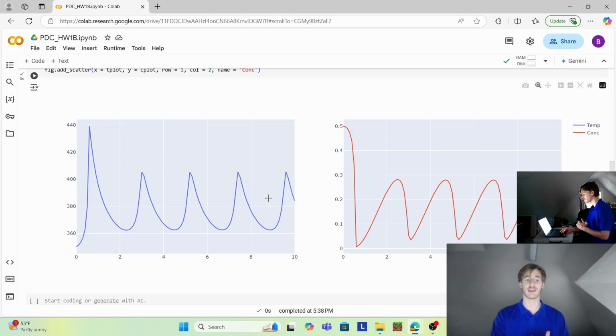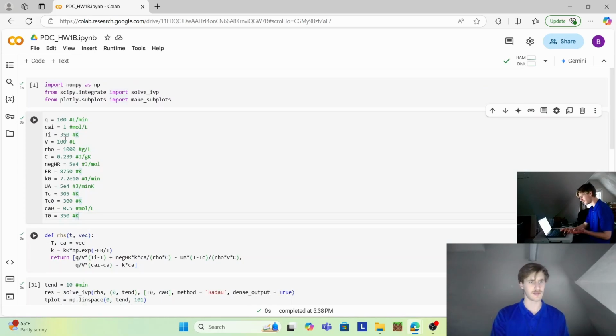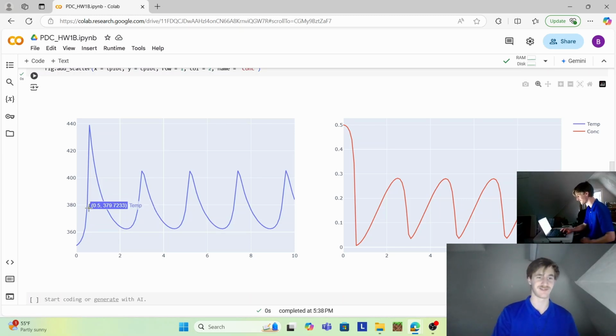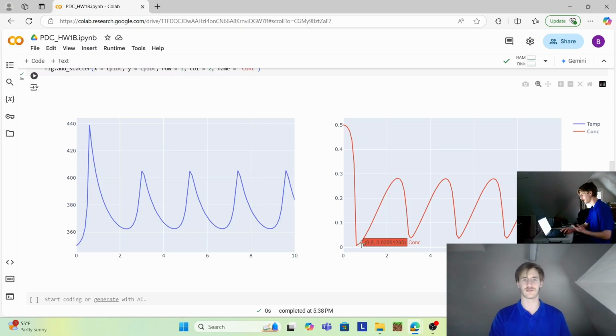And the stream coming in, I believe, is at 350. Yes, so 350. The stream was bringing the temperature down the whole time, but it is now also bringing in our reactant, and so that's increasing the concentration in the tank.